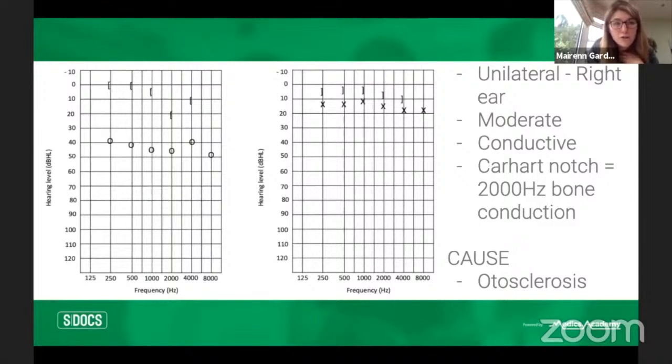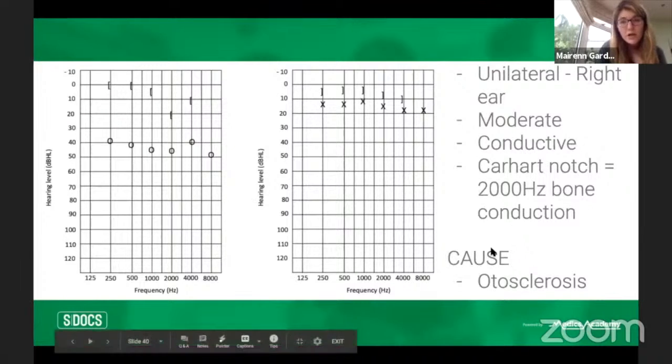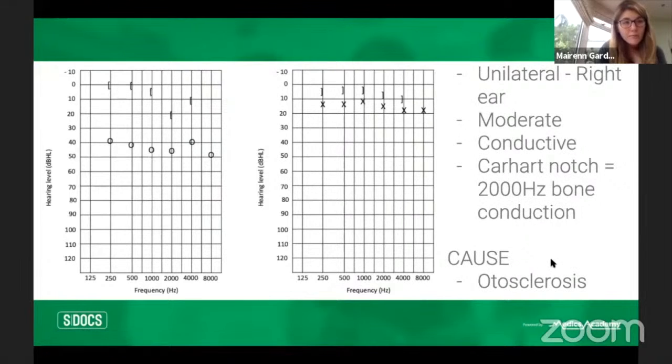The Carhart notch at 2000 hertz for bone conduction. Even though it's relatively normal, they'll still have this dip at this level. And this is indicative of otosclerosis, so damage to the stapes bone, like I was explaining in part 2.